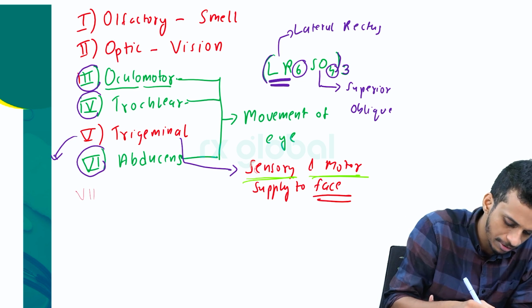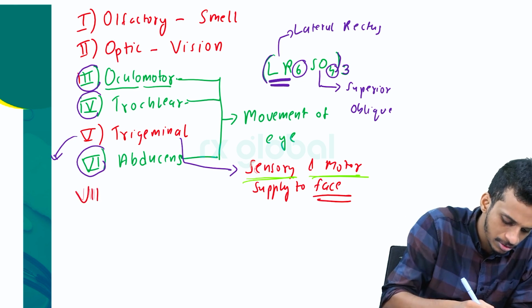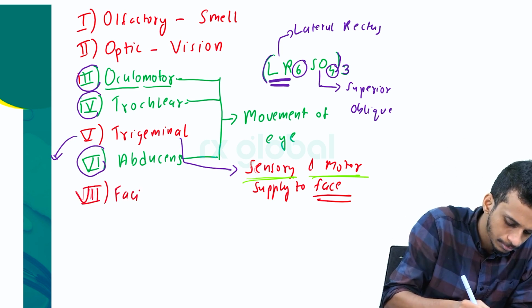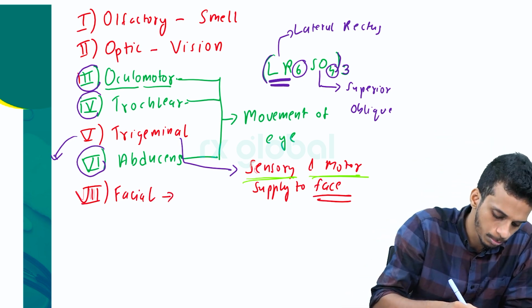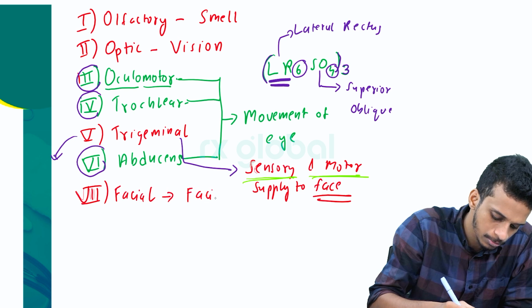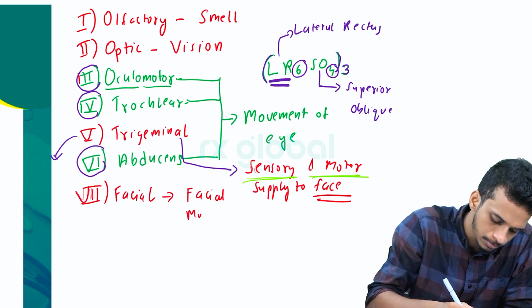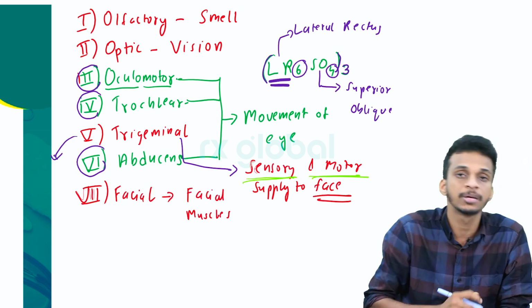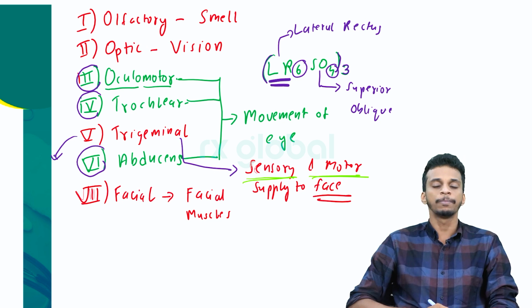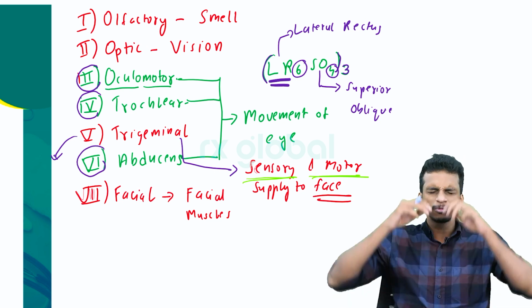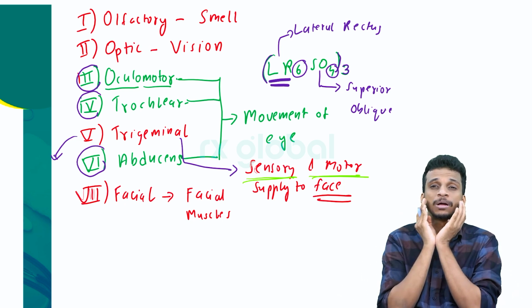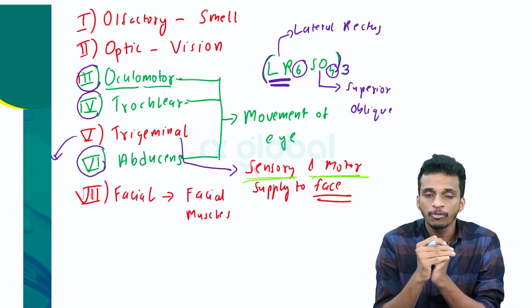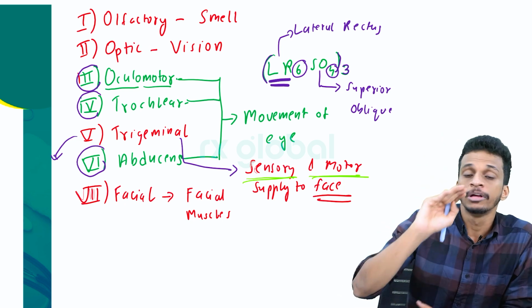Now let's come to the 7th cranial nerve, called the facial nerve. As I told you before, the function of the facial nerve is to control the facial muscles. For example, helping me to smile, to close my eyelids, or to close my mouth. For actions like this, we have the facial nerve.